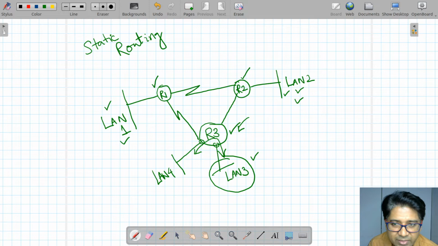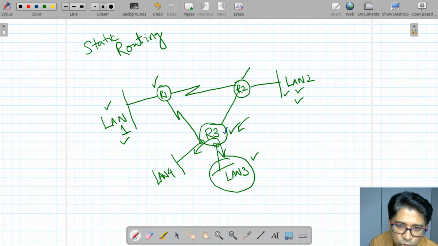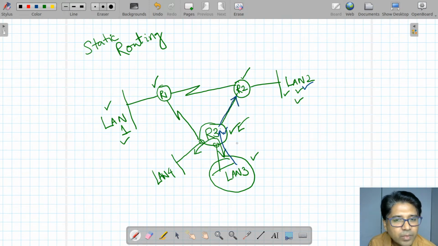Suppose LAN 3 wants to connect with LAN 2. Once router 3 receives a packet for LAN 2, you have to manually enter the static route to forward it to router 2. R2 has a connected route on LAN 2, so once it receives the packet, it is directly connected.